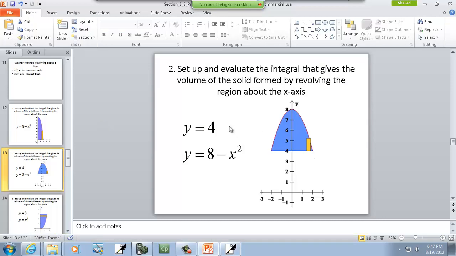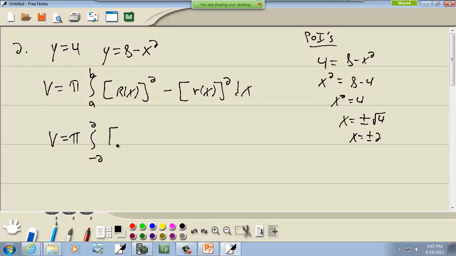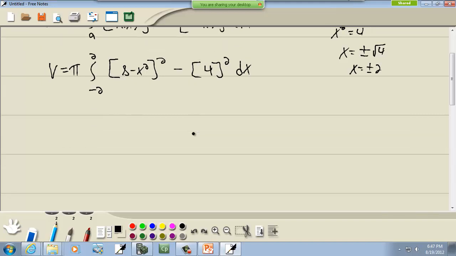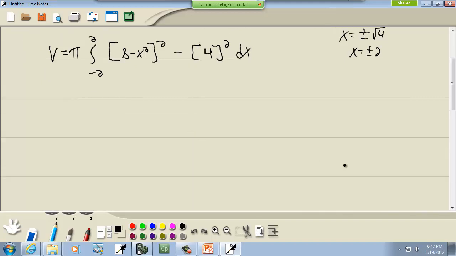And then we want our outer one, which was the 8 minus x squared. That's squared. Minus our inner one, which was 4 squared and dx. So let's find this now. So we got -2 to 2.